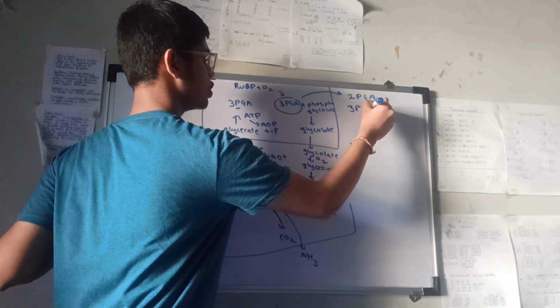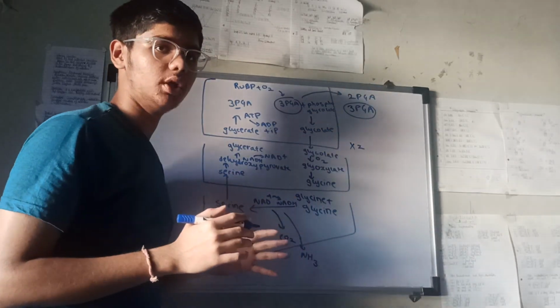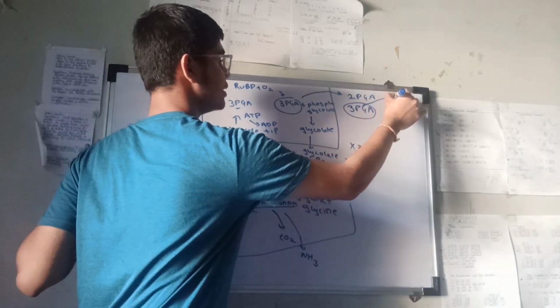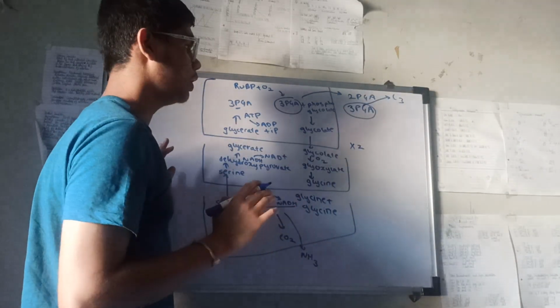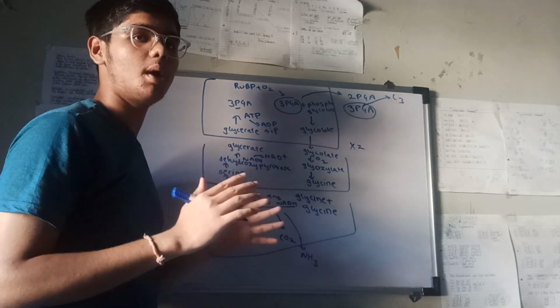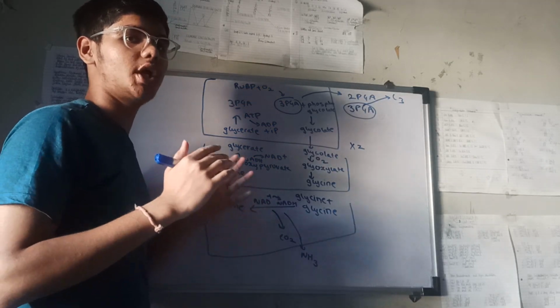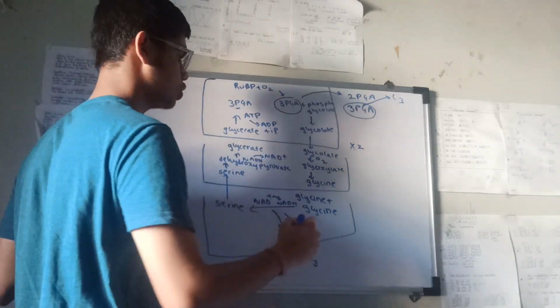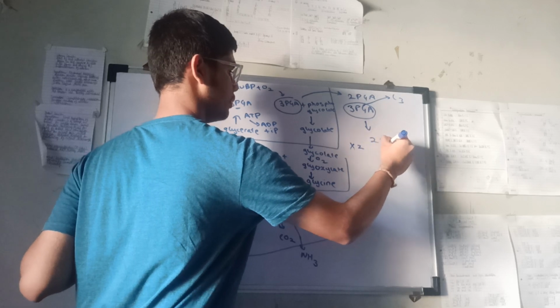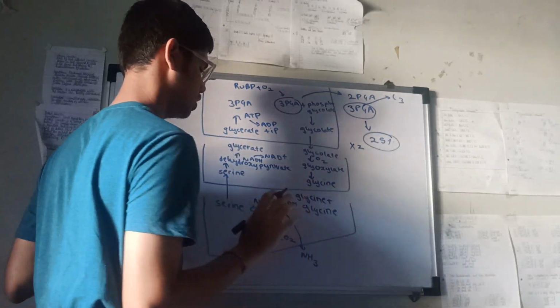If there is a question on how many PGA are forming, 3 PGA are forming, and these are going directly into the C3 cycle. They will ask a question: how much percentage of carbon dioxide is lost? That is 25% of carbon dioxide is lost.